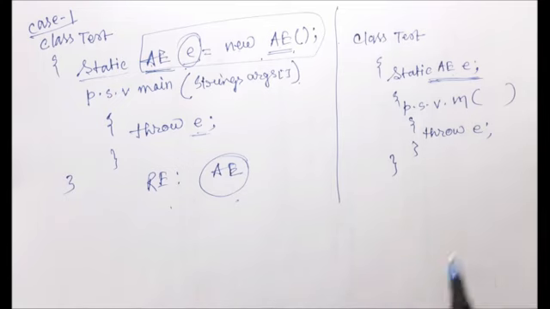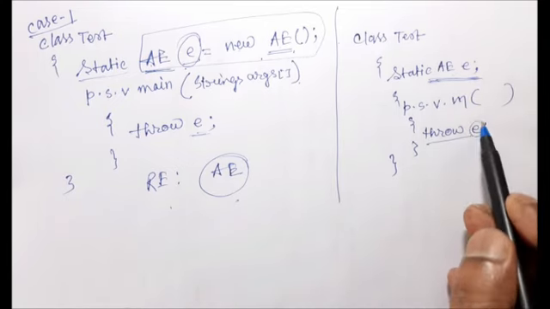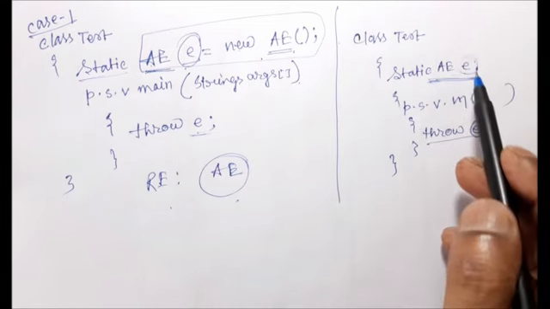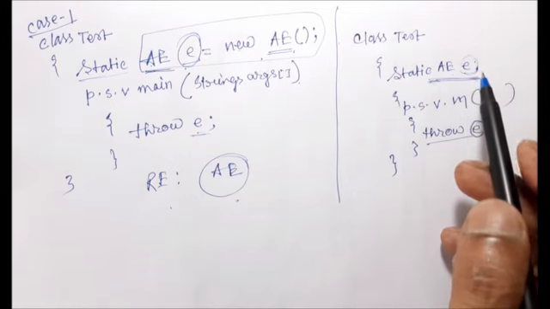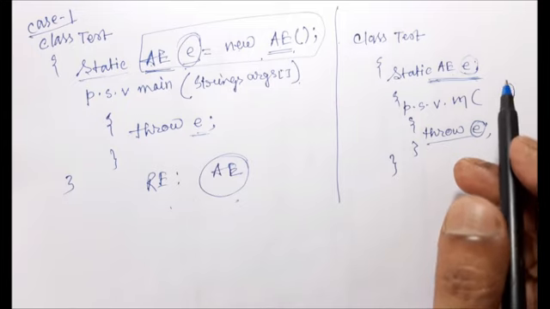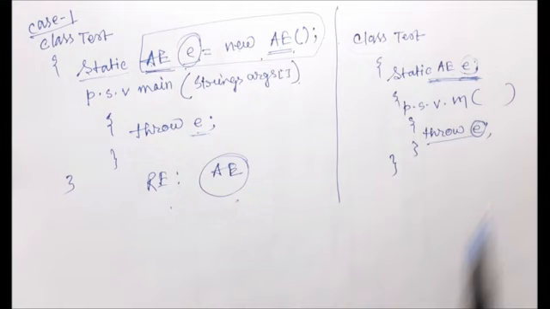But in this case, when we are going to throw E, what is E? It is a reference variable, right? It does not create an actual exception. It is an object reference variable which is referring to null.